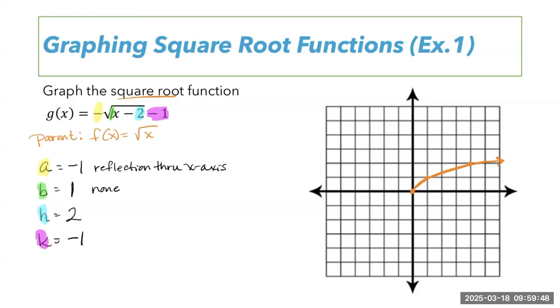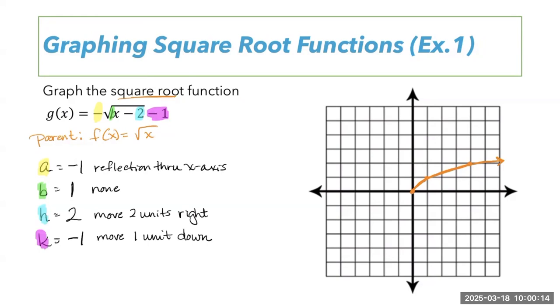The H being 2 means we're going to move our graph 2 units to the right, since 2 is positive. And then K being -1 means we are also going to move 1 unit, but down, since the 1 is negative.